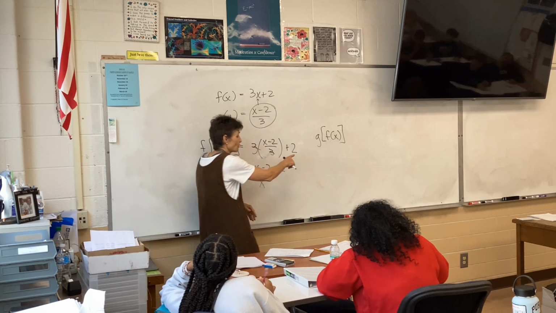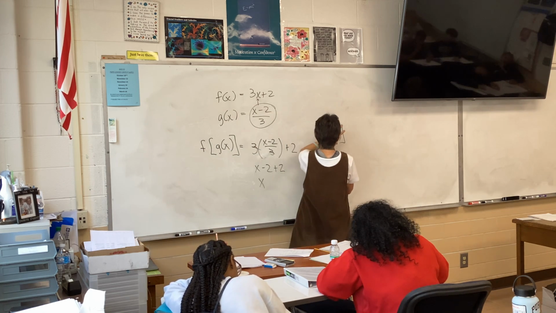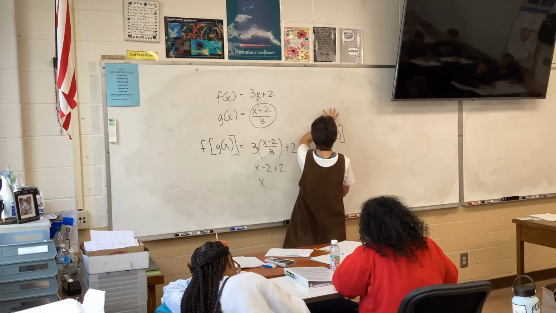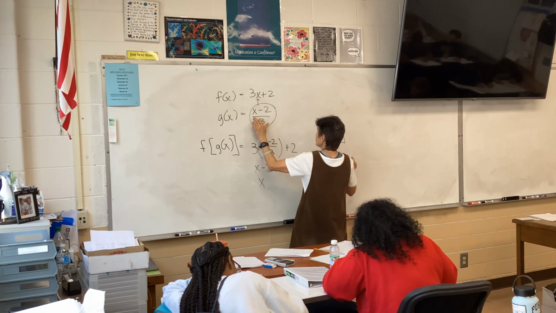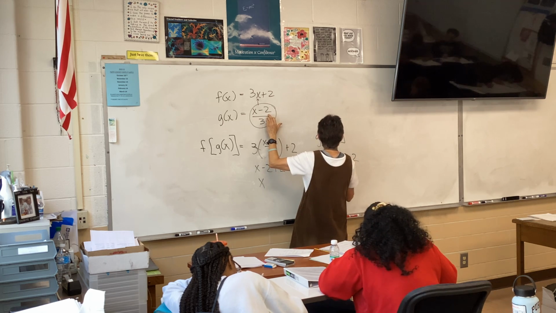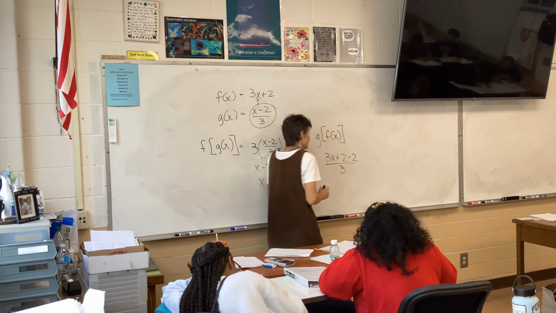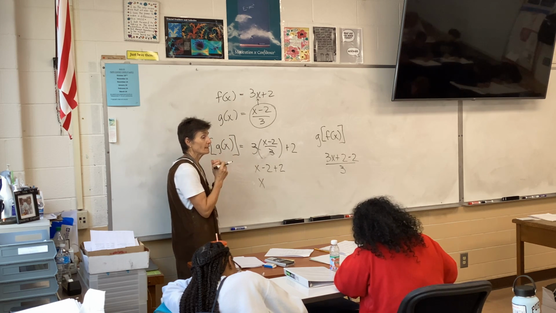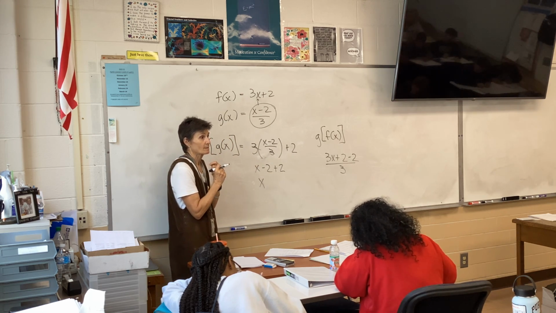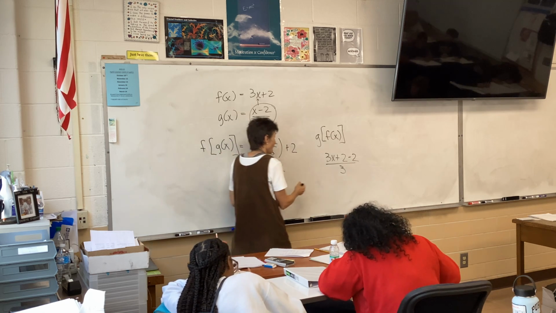So let's see if it works over here. This means put f into g. So (3x plus 2 minus 2) over 3. Does everything cancel out in that one? I think so.